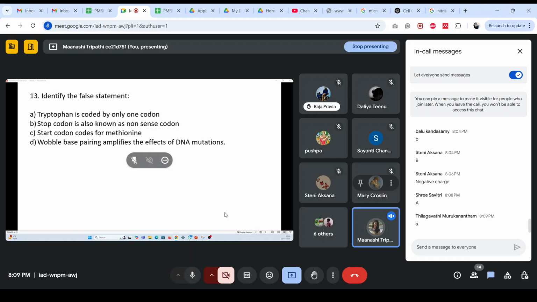Those who are saying option A, correct this statement also. What is wrong in this one and what can be the correct statement? And for option D also, what is wrong in this one and what can be the correct statement?